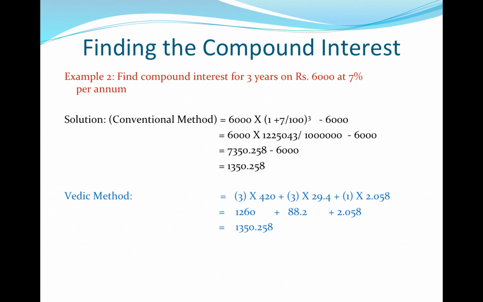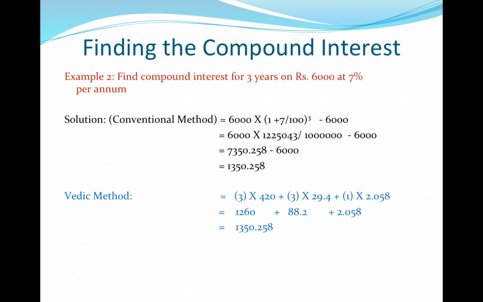So 7% of 6000 is 420, because we know that 1% of 6000 is 60, and multiplied by 7, we got 420. So 420 multiplied by 3, it is 1260.